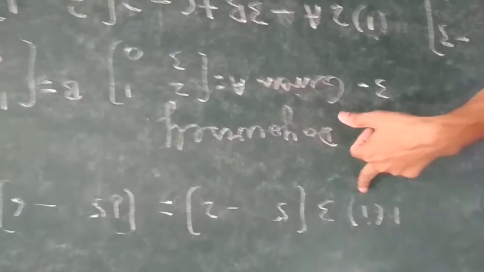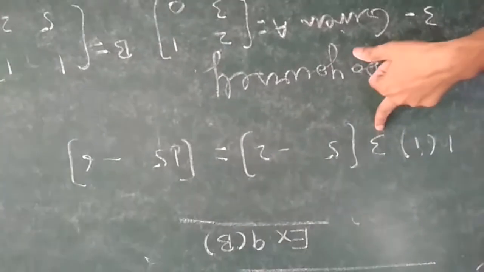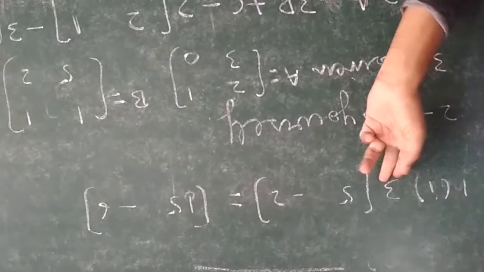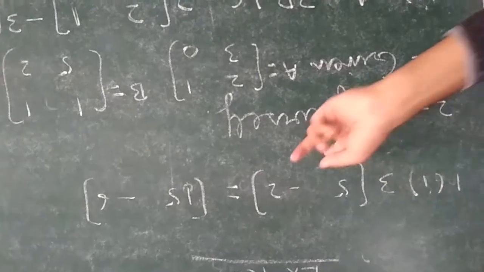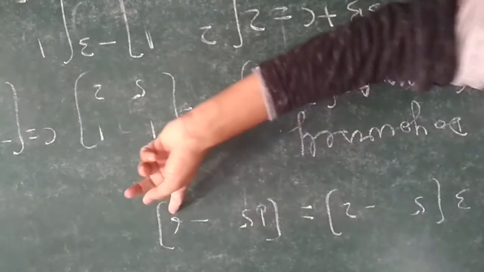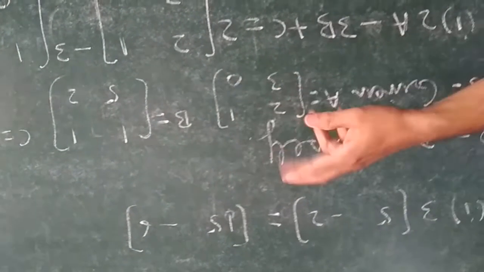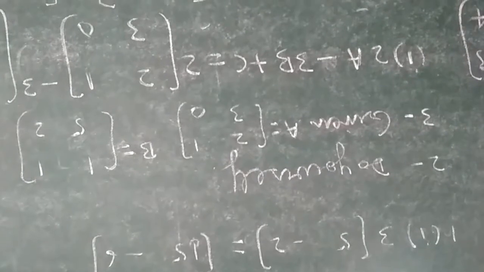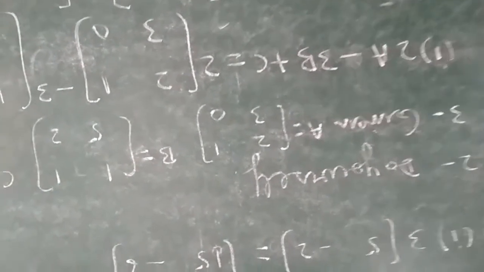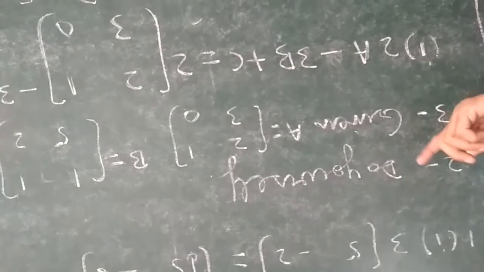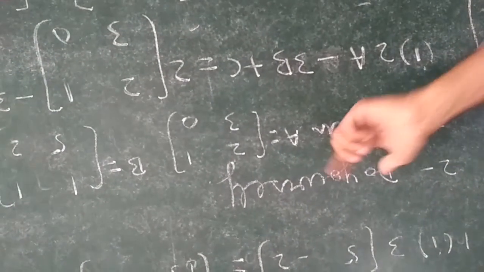First question, first part. You are given a 3. You have to multiply the scalar number 3 inside the matrix. 3 times 5 is 15, and 3 times minus 2 gives minus 6. So in this way you have to multiply. Any number you can multiply inside the matrix, but you have to multiply that number with all the elements present in the matrix. Second question is so easy, you can do it yourself.